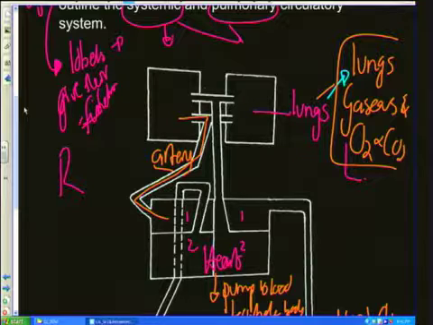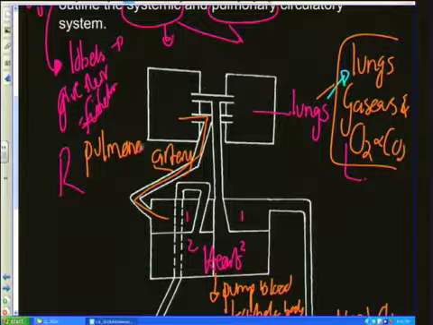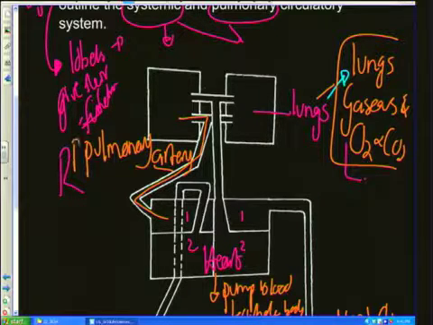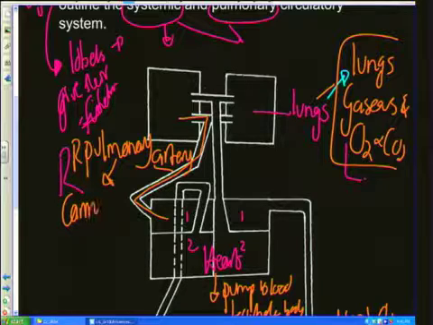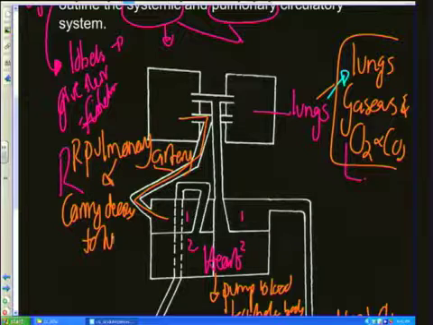It's got deoxygenated blood because it comes from the right side. Where is it going? To the lungs. So it's my pulmonary artery. To be specific, it would be the one on your right. It carries deoxygenated blood to the lungs.